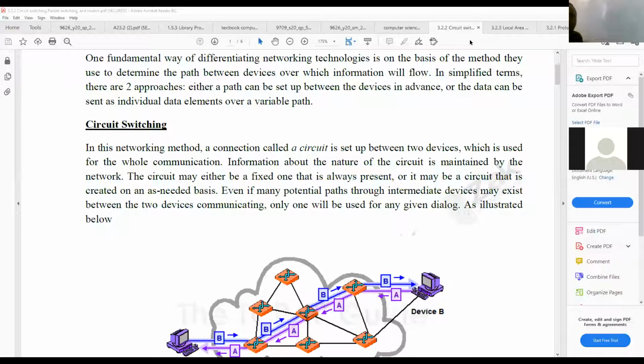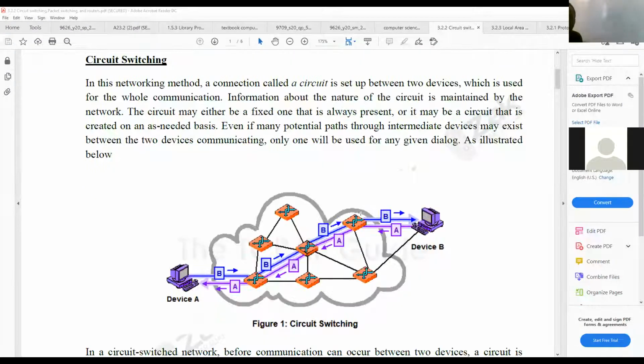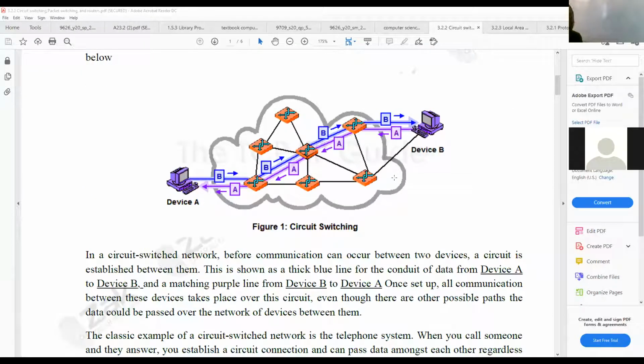Next in your syllabus, yesterday we looked at peer-to-peer networks. I think you remember.